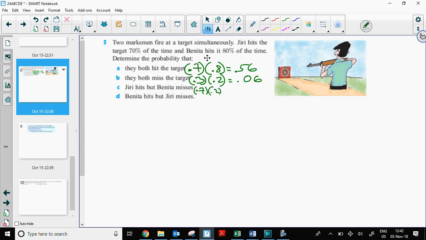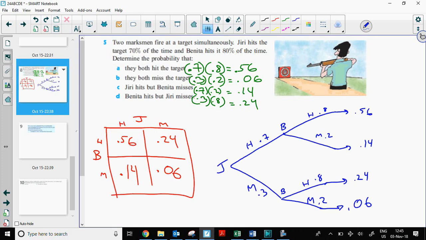And for Benita to hit, but Jiri to miss, that's going to be 0.3 times 0.8. Multiplying those through, it's going to be 0.14 and 0.24. And if we add those four numbers together, you'll notice that they all add up to 1 because there's no other possible scenario that could occur. One of those four things is definitely going to happen.